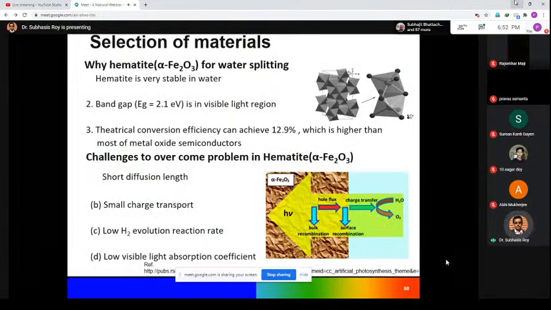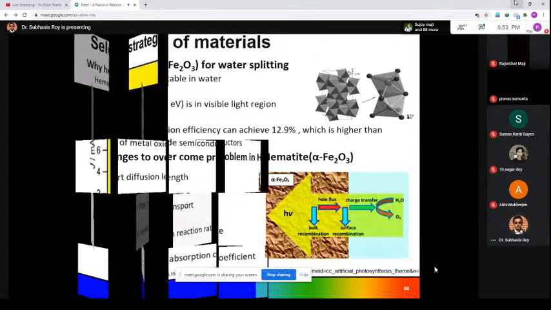The other advantages and disadvantages of this hematite: it has a short diffusion length, small charge transport, low hydrogen evolution rate, and a very low visible light absorption coefficient. To overcome these problems, it also has the advantage that the band gap of this material is fixed, and the theoretical conversion efficiency can reach up to 12.9.